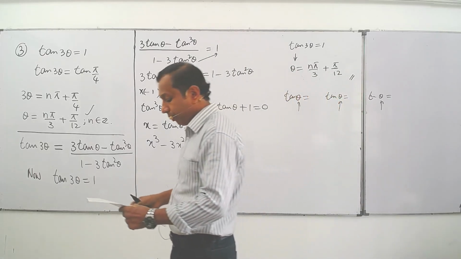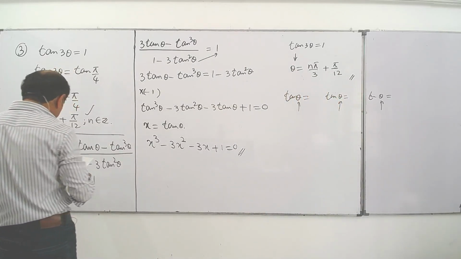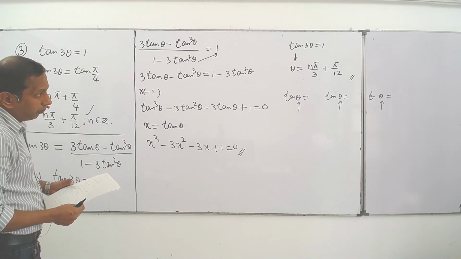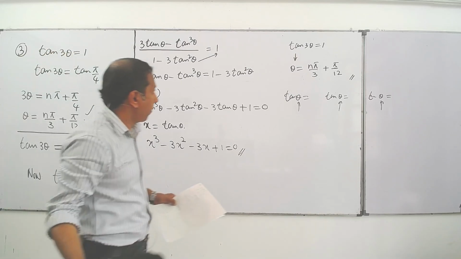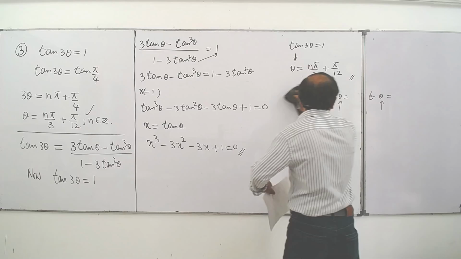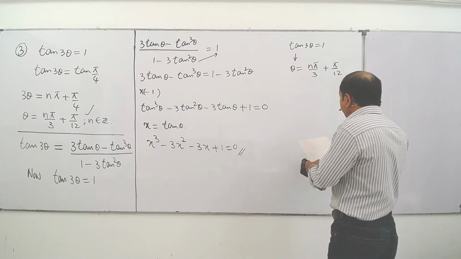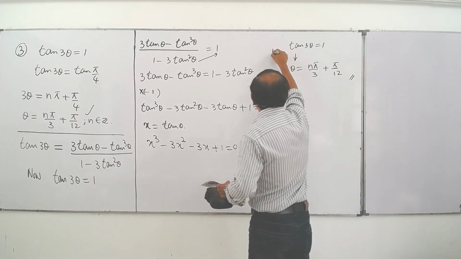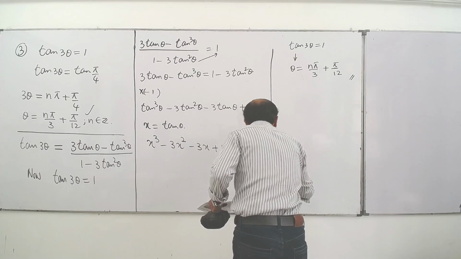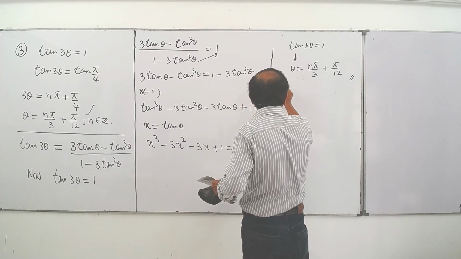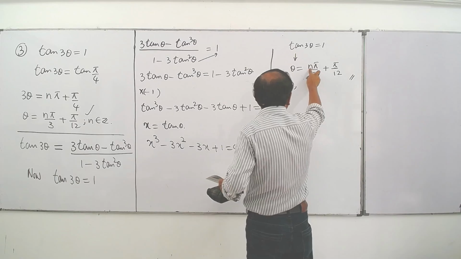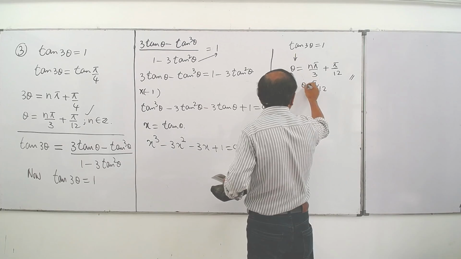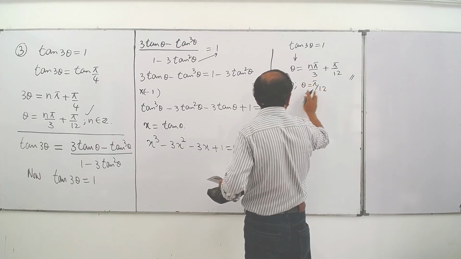Okay, right. Now, we can write here this way. By this solution, putting n equals 0, I can write theta is pi by 12.